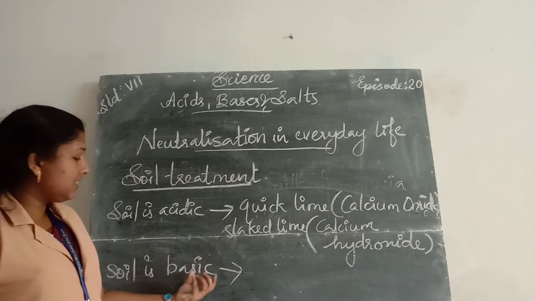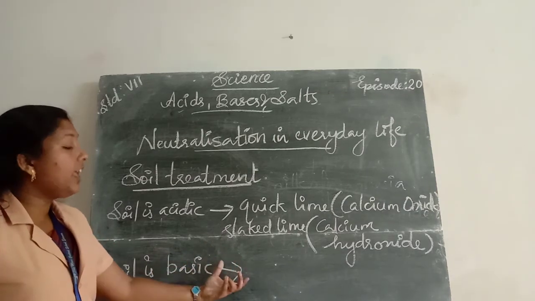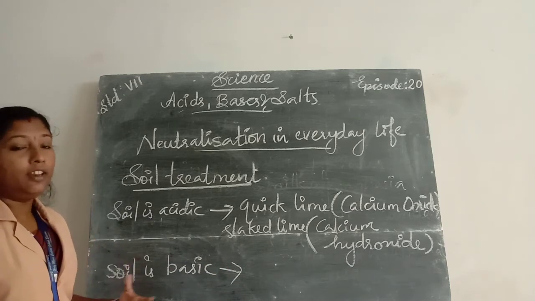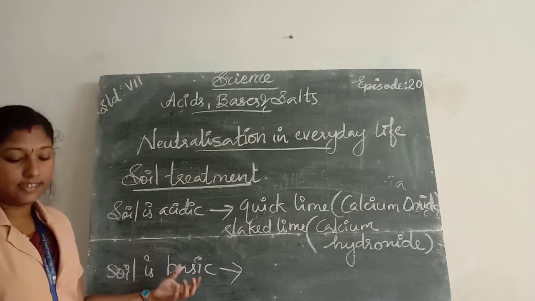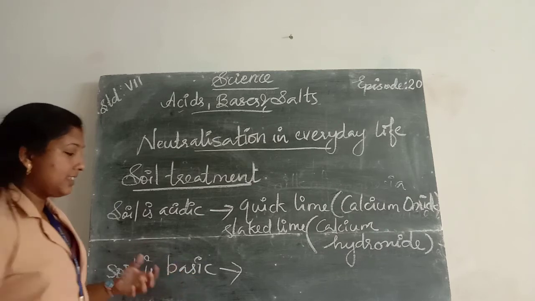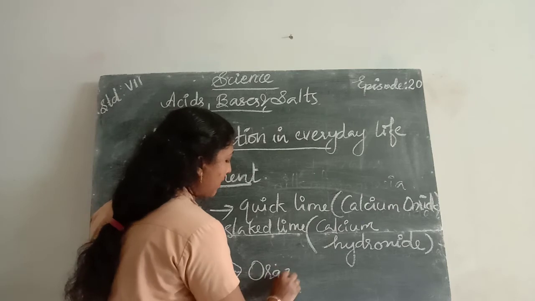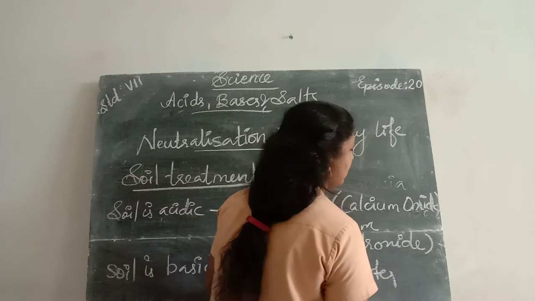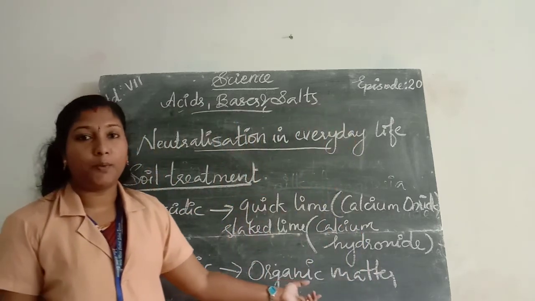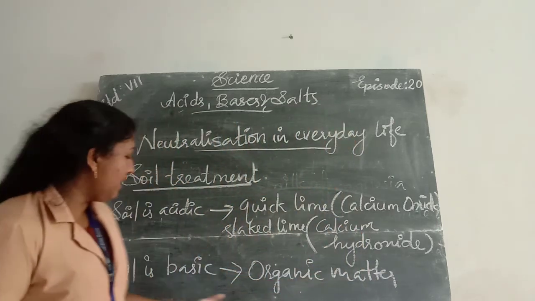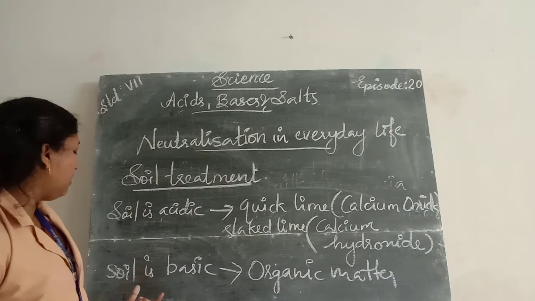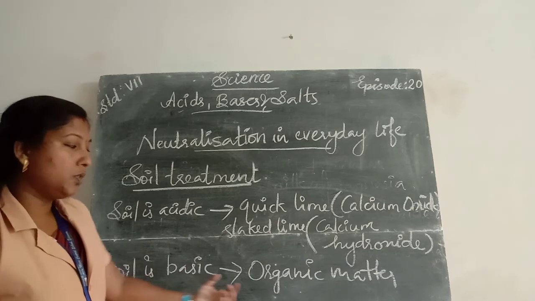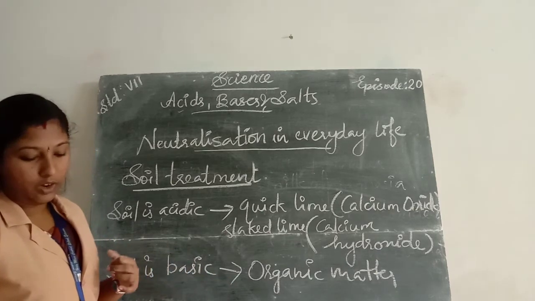Then to neutralize the basic nature of the soil, we add organic matter into the soil. This organic matter produces acids, which neutralize the base present in the soil. All of you understood?